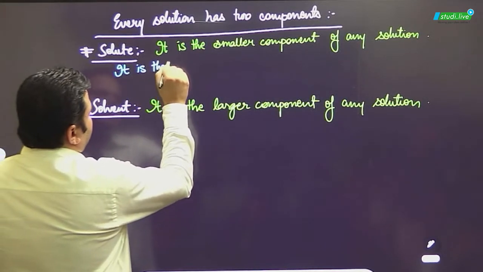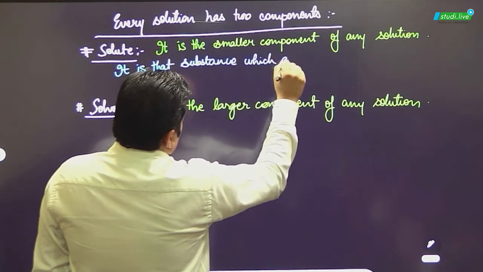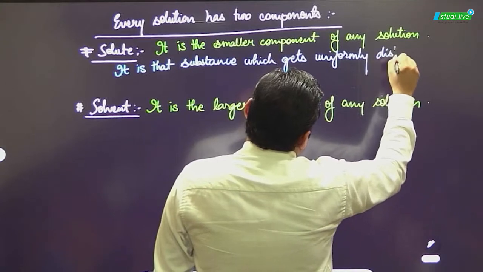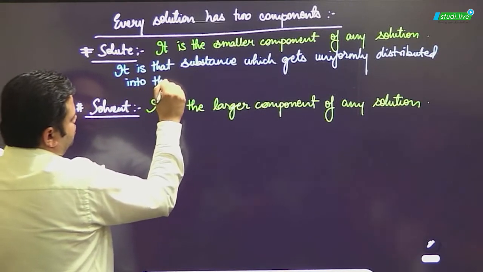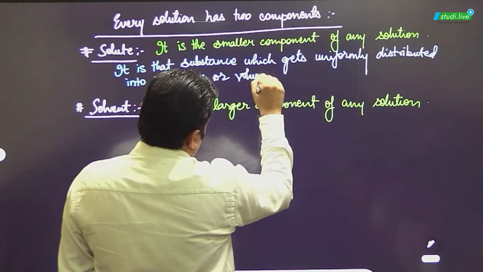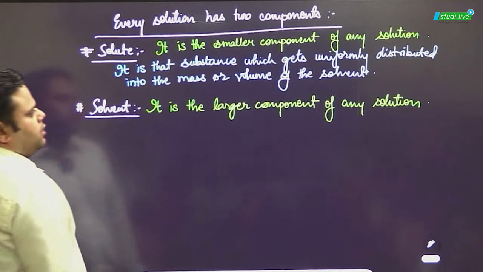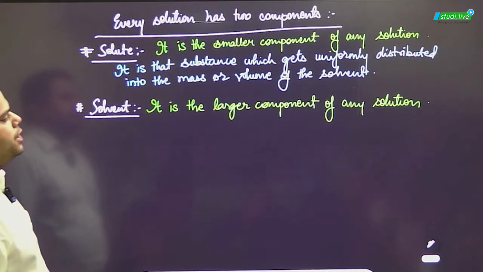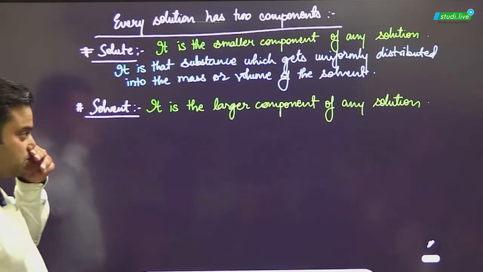It is that substance which gets uniformly distributed into the mass or volume of the solvent. Getting this?